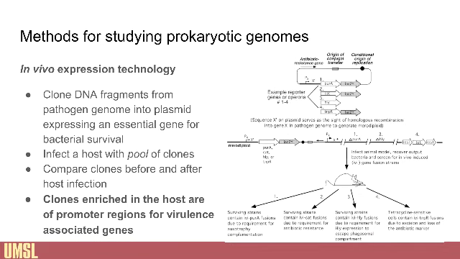So I'm going to give you an example of an old forward genetic screen. We may have to end after this one. This is in vivo expression technology. What this technology relies on is, if you remember way back to one of the first lectures, I gave you this molecular Koch's postulates.